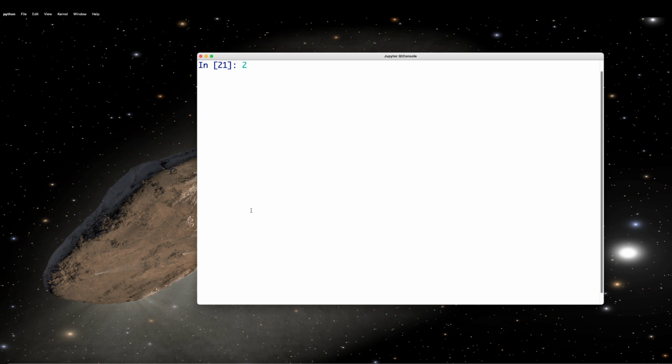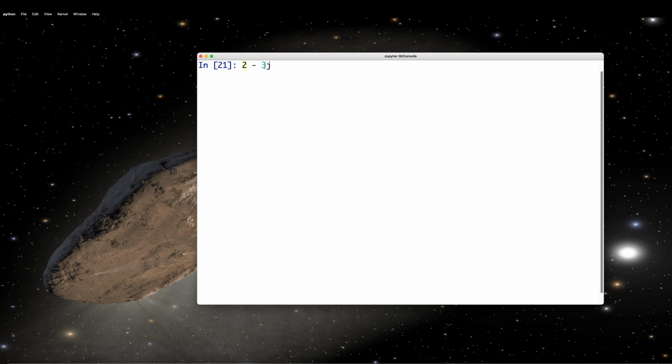So 2 minus 3J, that's a complex number. The 2 is the real part, and 3J is the complex part or the imaginary part of it. J here in Python represents the square root of -1.